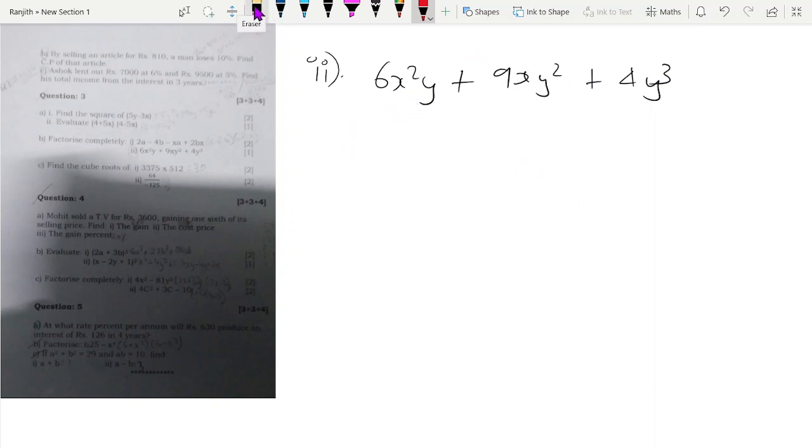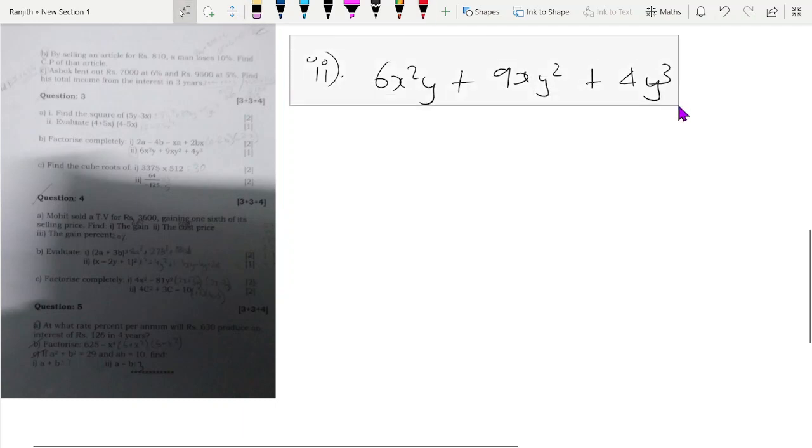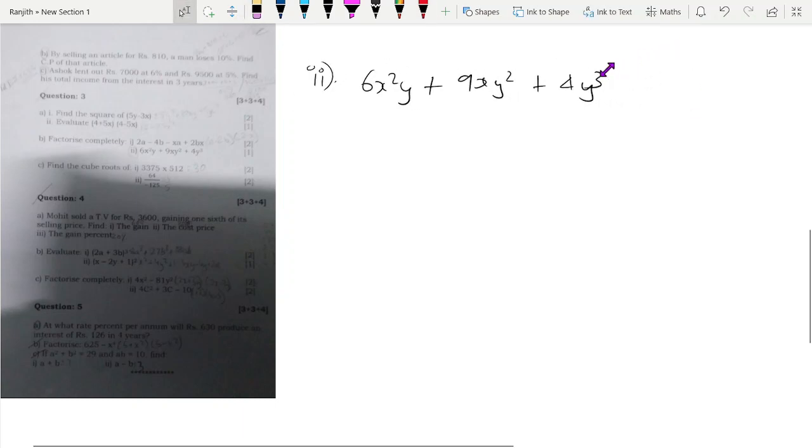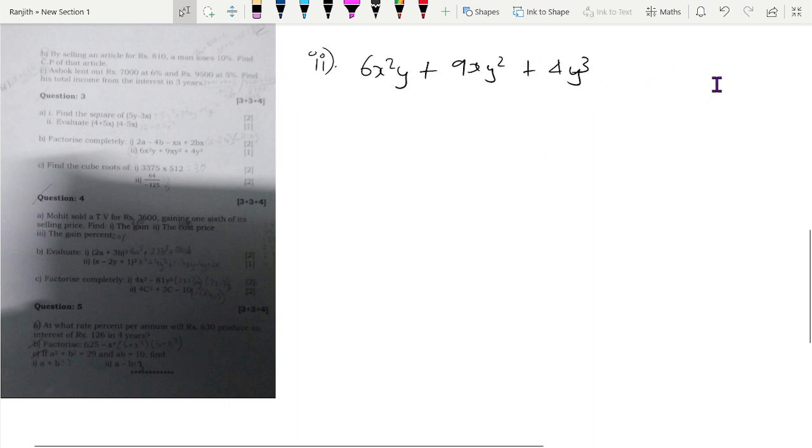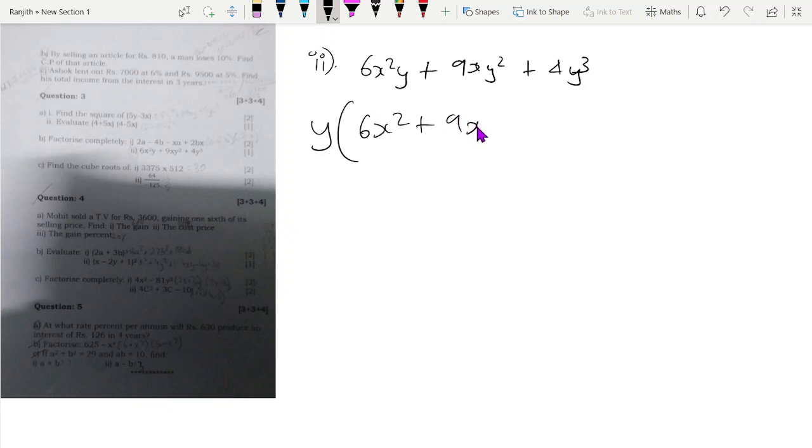Y. Which is common? Y is common. So take out y. What's the remainder? 6x square plus 9xy plus 4y square. This is the answer.